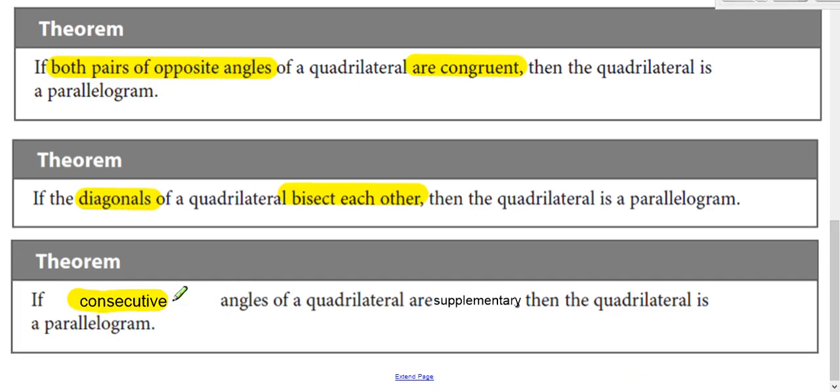And if consecutive angles are supplementary, then it's a parallelogram. So it's most of the same properties from 9.1, using them in reverse order to know for certain that the shape's a parallelogram.